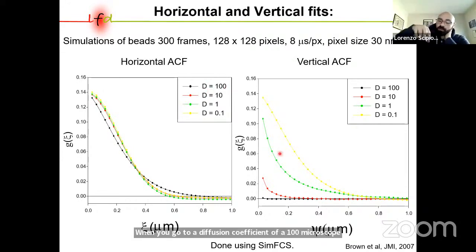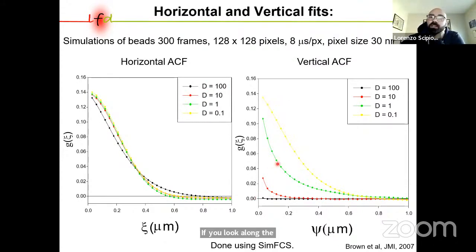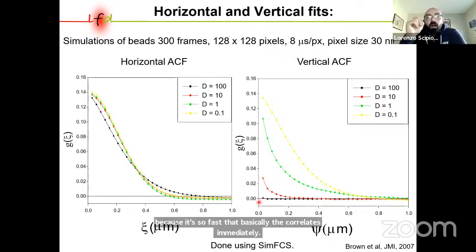If you look along the columns, you see that you have much more sensitivity in changes between 0.1, 1, and 10, but you basically have zero correlation when you get to 100, because it's so fast that it basically decorrelates immediately.